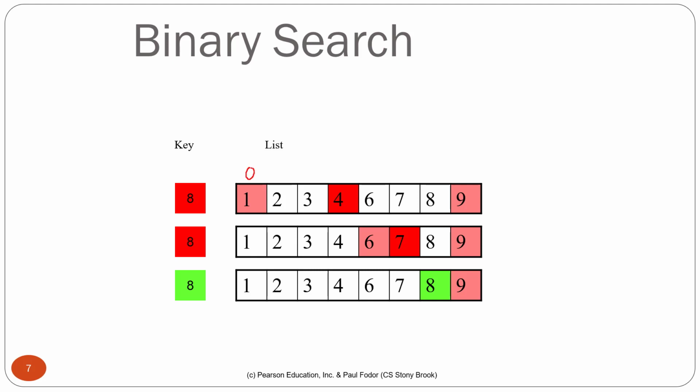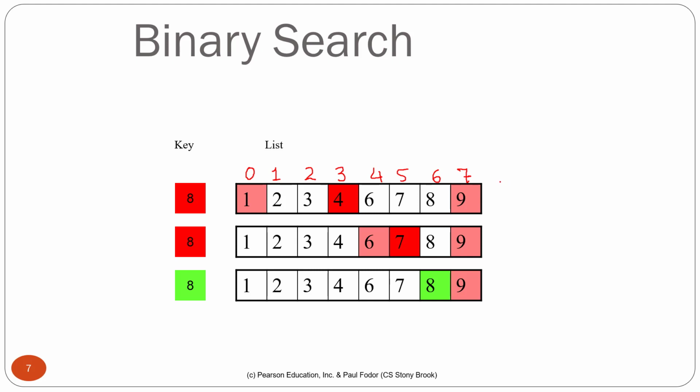And I will write indices 0, 1, 2, 3, 4, 5, 6, and 7. Alright, so now I know the index of every element that I have in the list.